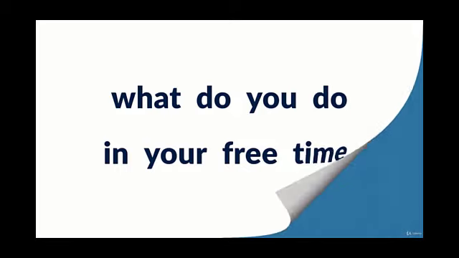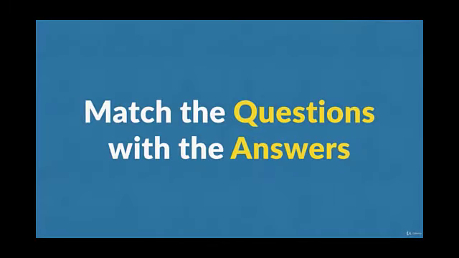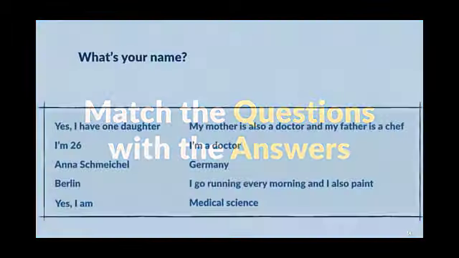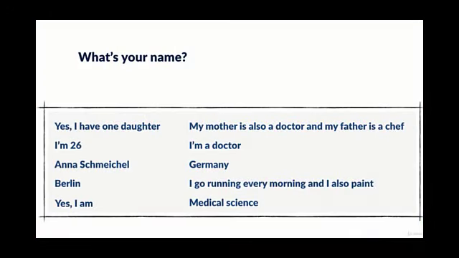In the next exercise, you're going to have to match the questions with some answers. So here's one question. What's your name? And underneath, you've got 10 answers. So you've got: Yes, I have one daughter. I'm 26.